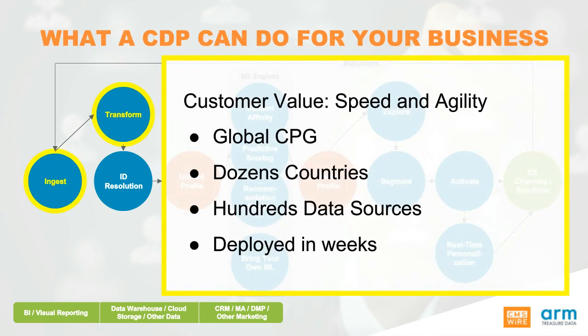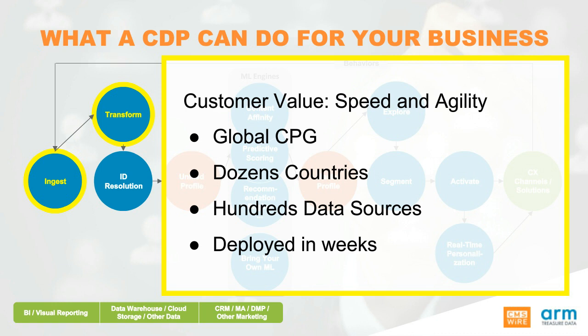So to begin with, on the left, when we talk about ingesting the data and transforming the data, a typical example we've seen is a global consumer packaged goods company that we dealt with. You're looking at masses and masses of data coming from all the global locations this company works in, the different brands, the different countries, the different products.